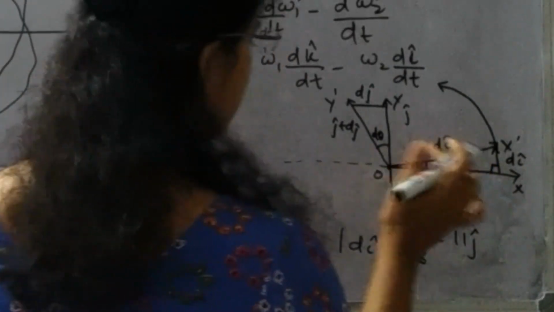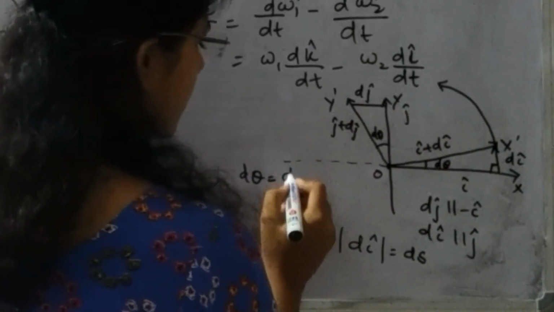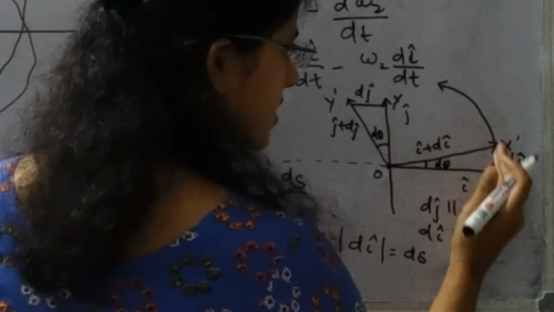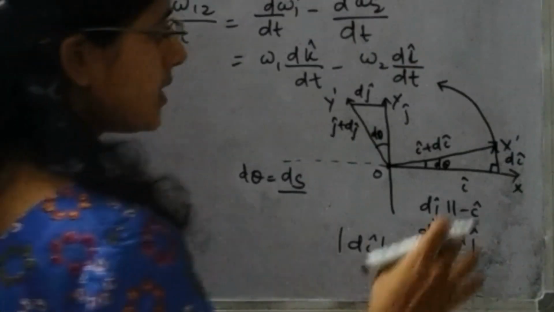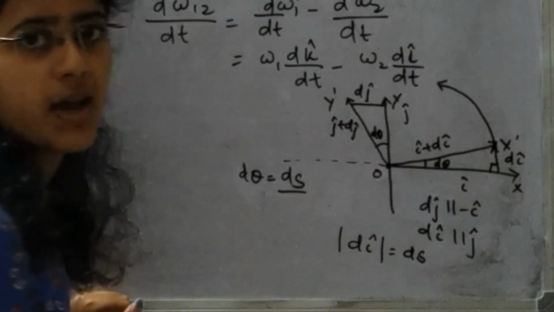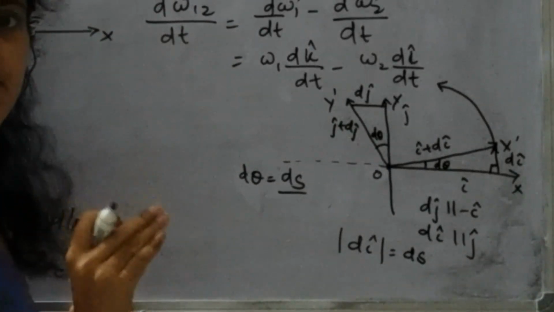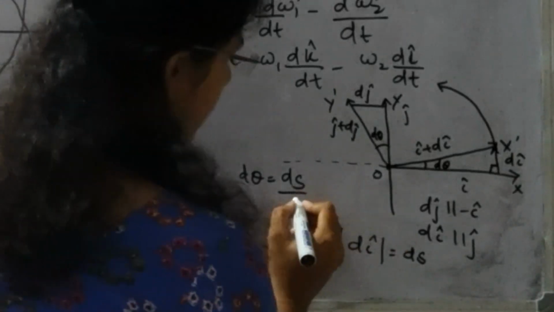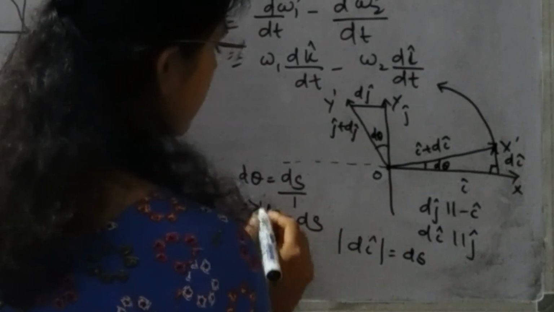So d theta is ds, the magnitude of the di cap vector, divided by this distance, which is i cap. I cap is the unit vector, so its magnitude is 1. From this we have derived d theta is equal to ds.